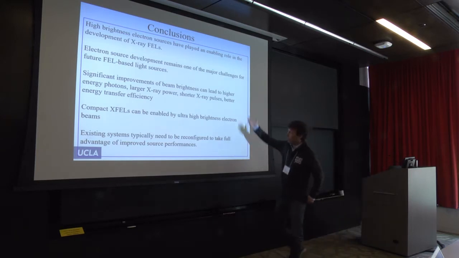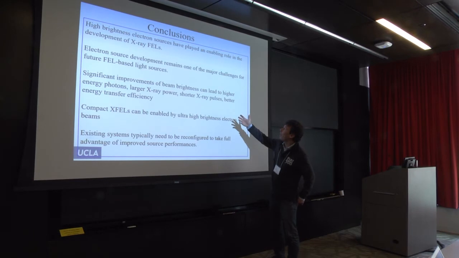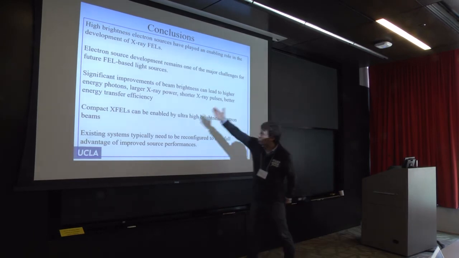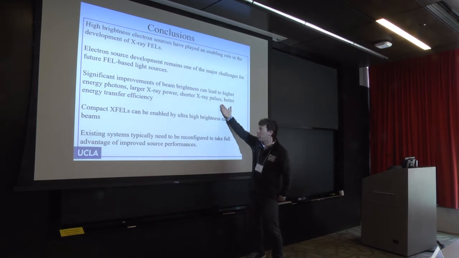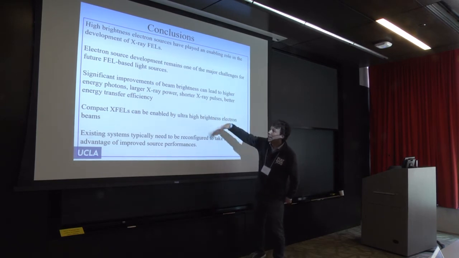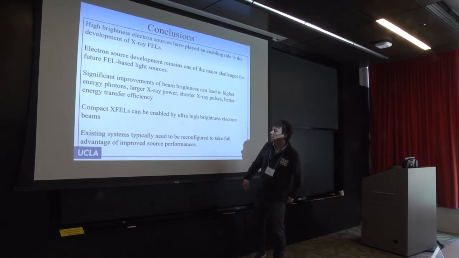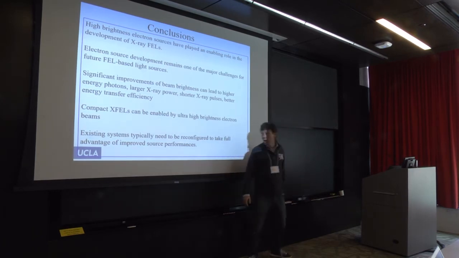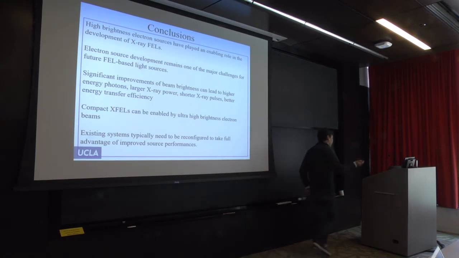Significant improvements of beam brightness, if you can take advantage of that, give you a larger rho, so you can get a higher energy photon, larger X-ray power, shorter X-ray pulses because the bandwidth can be larger, and in general better energy transfer efficiency. And compact XFELs can be enabled by ultra-high brightness electron beams. In order to take advantage of the improved source performance, an existing system would typically need to be redesigned or reconfigured. That's it.